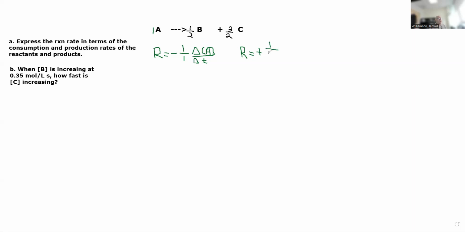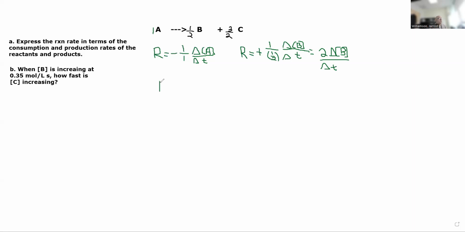So 1 over 1/2, delta B, got to be square brackets, not parentheses, over delta T, which is really 2 delta B over delta T. And the plus sign is kind of understood.